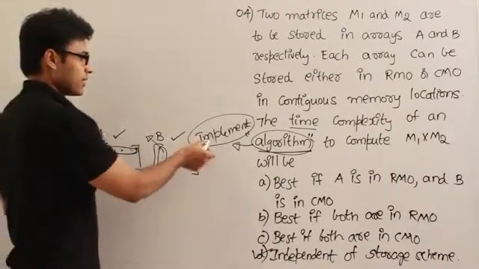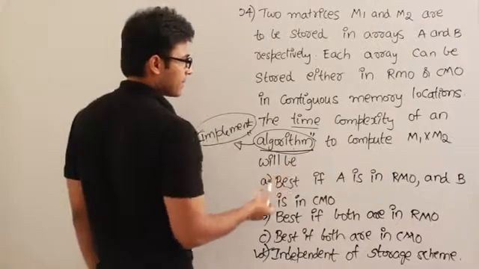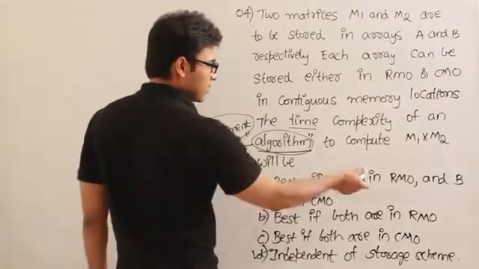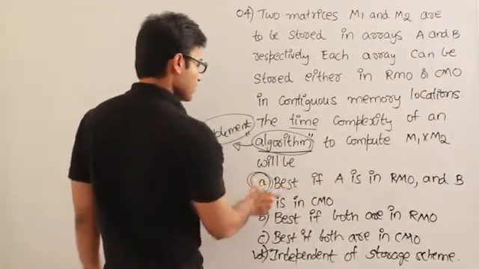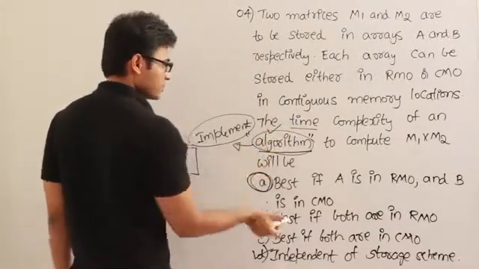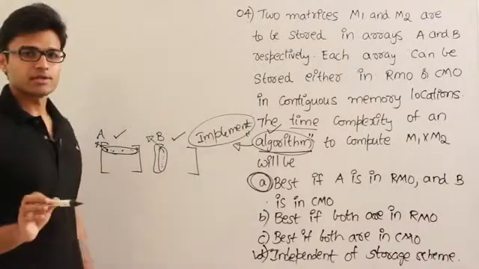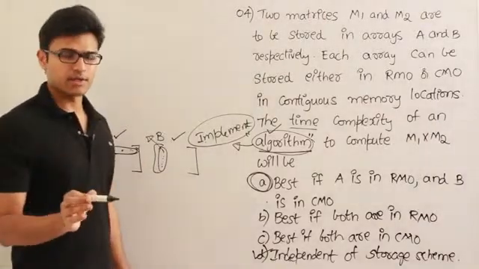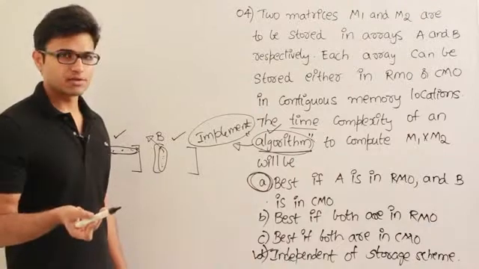So in case of implementation, the best is if A is in row major order and B is in column major order. For the algorithm, it is independent of the storage concept. An algorithm always assumes that the storage is such that any element can be accessed in uniform time.